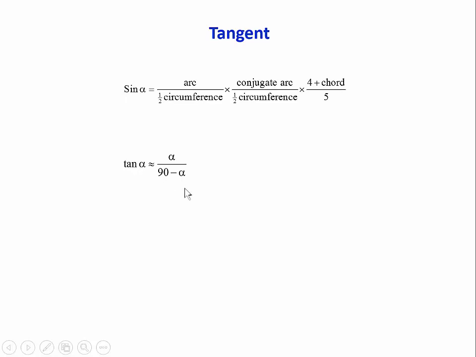We'll find that the curve there does have similar properties to the tan alpha curve, just as this product here of these two fractions has similar properties to the sine alpha curve. And we can apply a multiplying factor to make it more accurate, this one here, which simplifies to this. So this is a formula we can derive for tan alpha following the same sort of scheme as Bhaskara used for sine alpha.